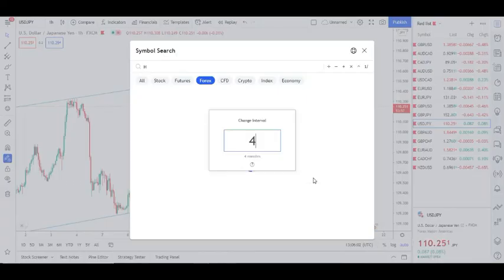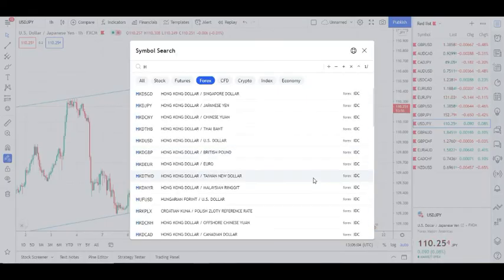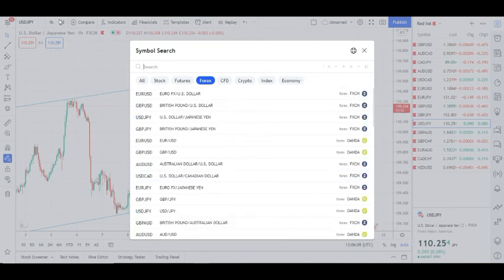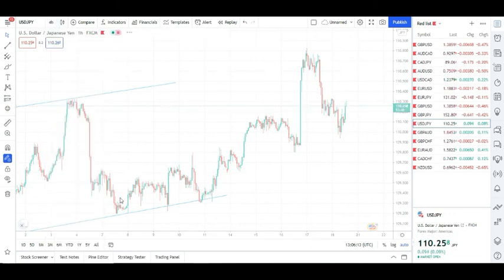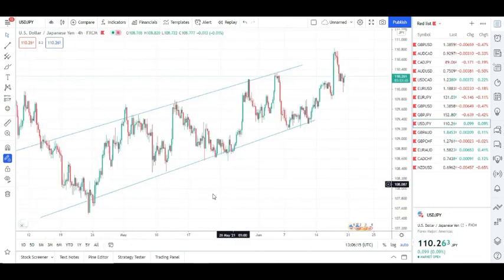Let me put in the 4 hour chart. On the 4 hour, you click here, right? So how do you place a stop loss and your entry points?